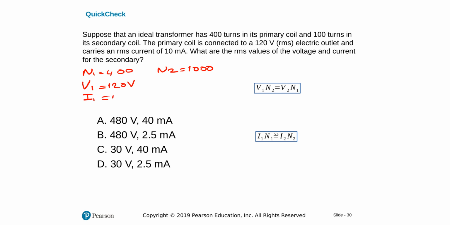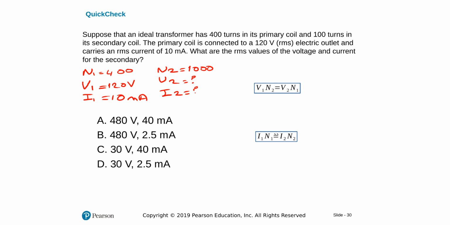I1 is equal to 10 milliampere. What are the RMS values of voltage and current in the secondary? I'm dropping the RMS notation here. Keep in mind, if it's not specified, it's the RMS value.